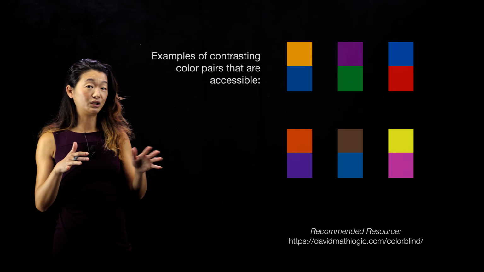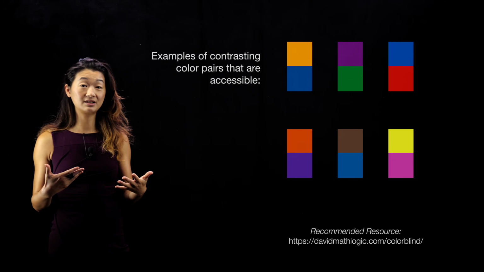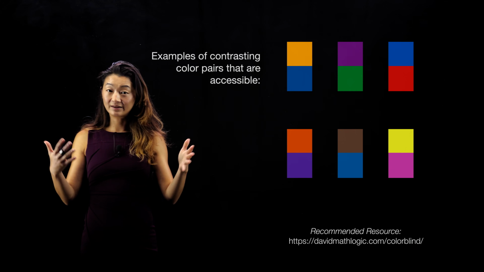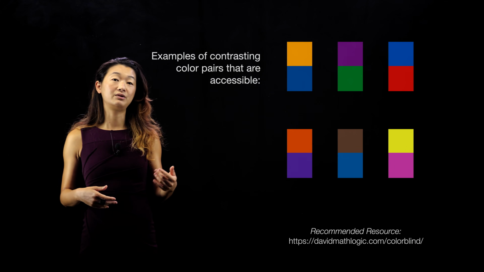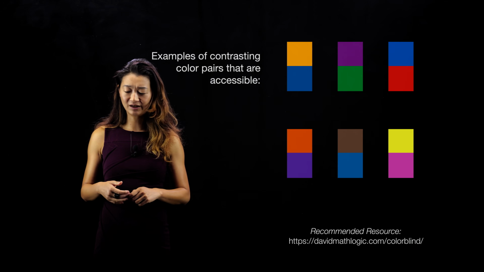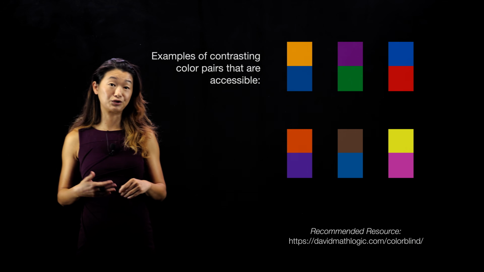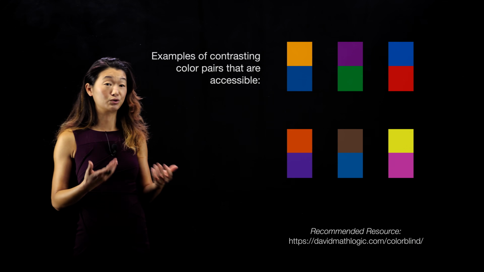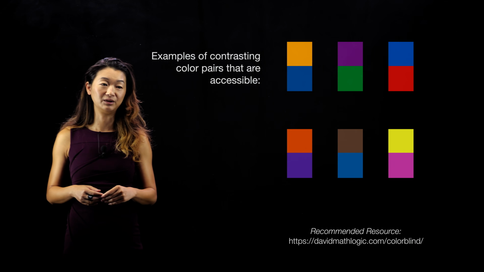And if you just look around the internet, there are tons of resources that recommend accessible color maps. And if you made up your own, you can run it through a website and figure out whether or not it is likely to be accessible to folks who are not able to see colors in the way that the majority of the people in the world can.